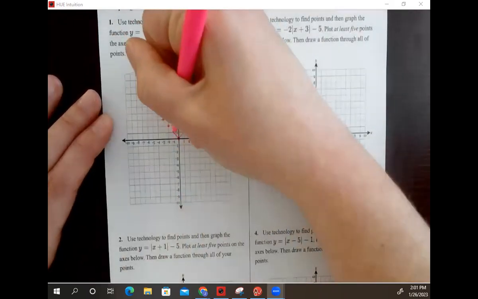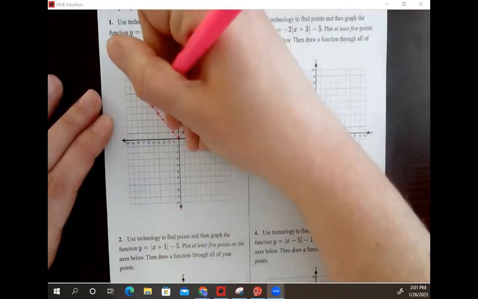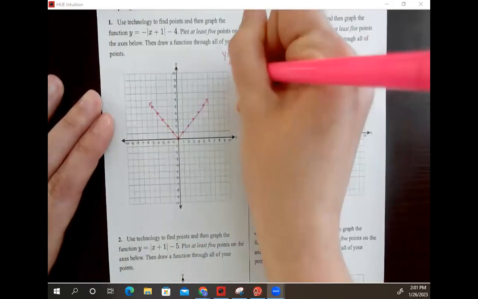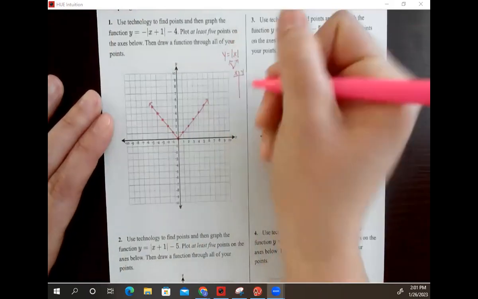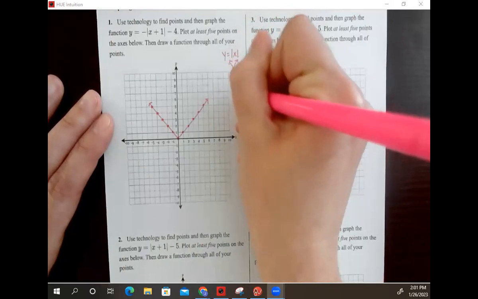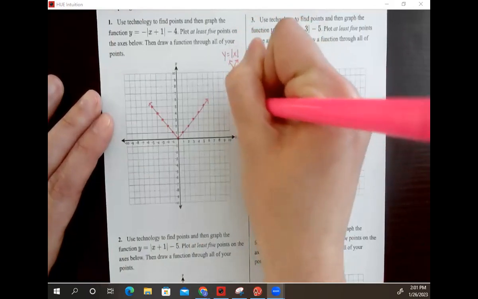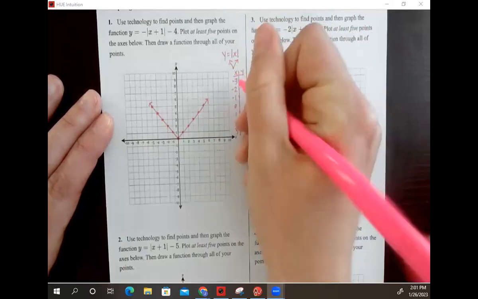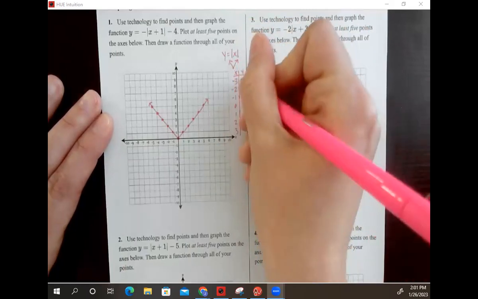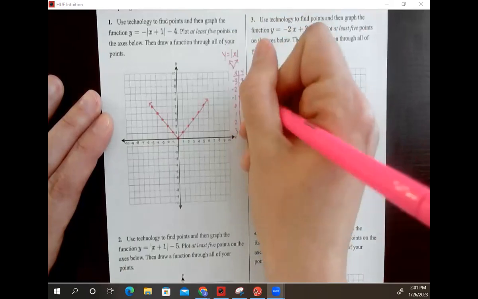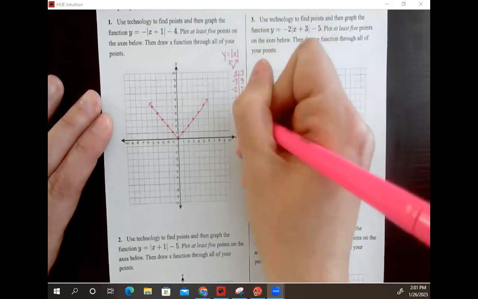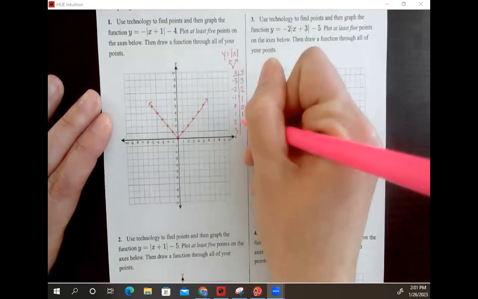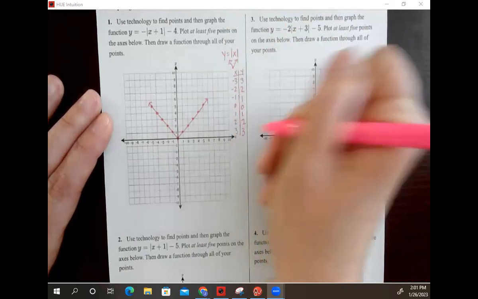Way back last semester, I think in Unit 2, we looked at this using a table of values. And we said if we pick values for x and plug them in to our absolute value function to see what we get for y, the absolute value of -3 is 3, absolute value of -2 is 2, 1, 0, absolute value of 1 is 1, absolute value of 2 is 2, and so on and so on.